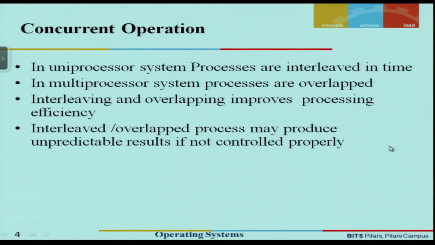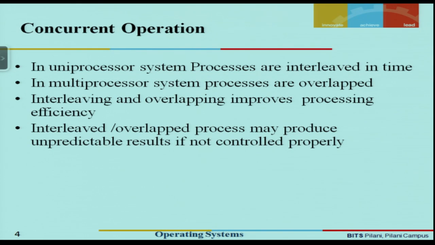So in uniprocessor systems, processes are interleaved in time, whereas in multiprocessor systems, processes are overlapped in time. We'll see what we mean by interleaving and overlapping of processes.